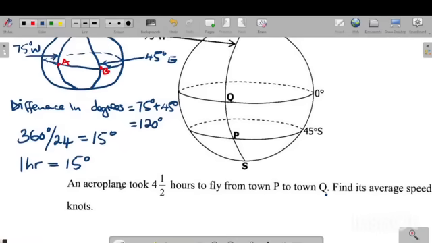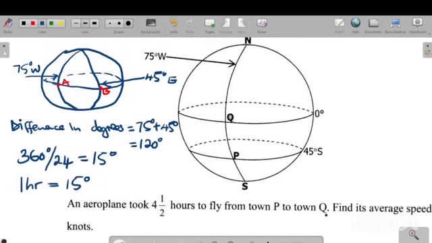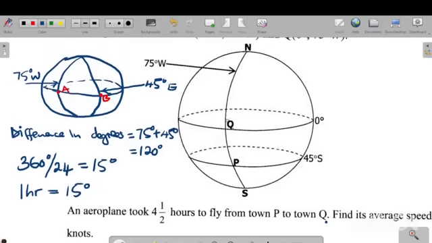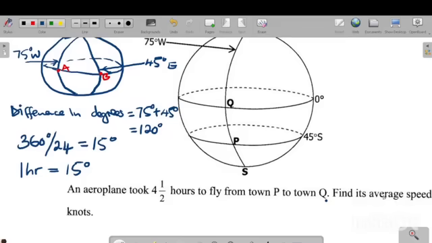Okay? All right, so the next question says, an aeroplane took 4.5 hours to fly from town P to town Q. Okay, so when you look at the diagram here, an aeroplane took 4.5 hours to fly from town P to town Q. Okay, find its average speed in knots.